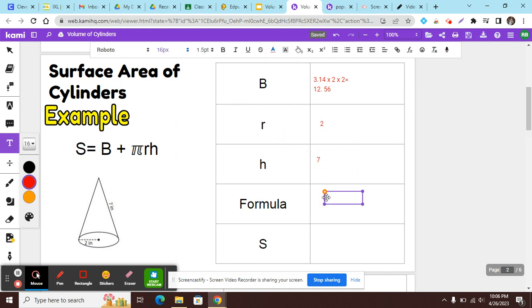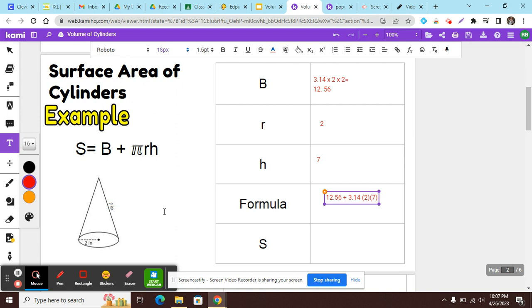So again, we're just plugging in numbers. We only have to solve one extra thing on this, and then we plug it all into our formula. Our formula here has S, which we don't know yet. But our B we know is 12.56, because we just calculated the area of the base. We add that to pi, which is 3.14, times our radius of 2, times our slant height of 7.